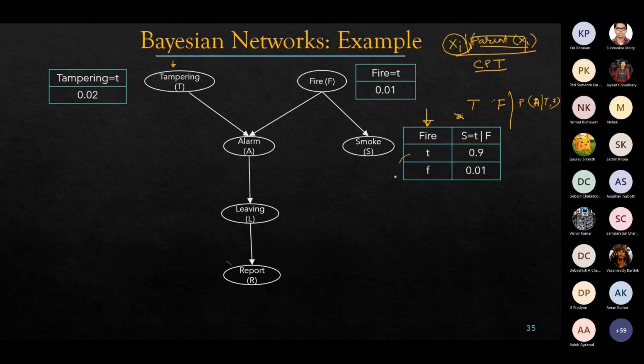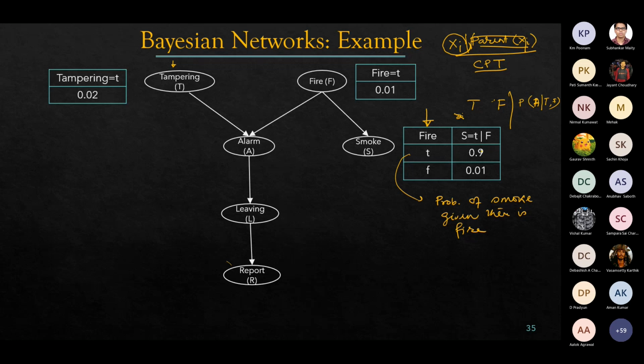So the probability of smoke given fire, we are setting to be a high probability, 0.9, and the probability of smoke when there is no fire is 0.01.